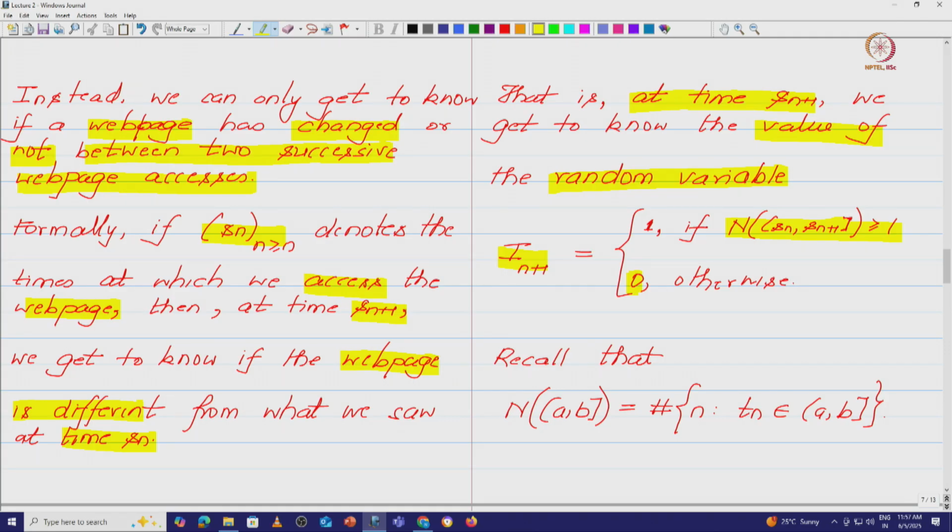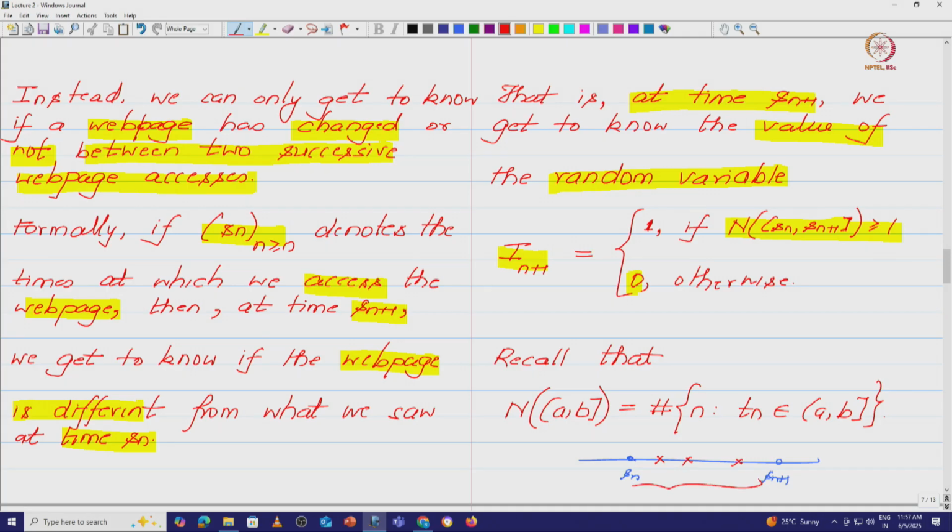Now the challenge with In plus 1 in some sense is that between two successive visits, if you imagine this to be the timeline, and let's say you visited a web page at this time and you visited this web page again at Sn plus 1, in between these time instances the web page could have changed once, it could have changed twice, it could have changed 3 times, and so on and so forth.